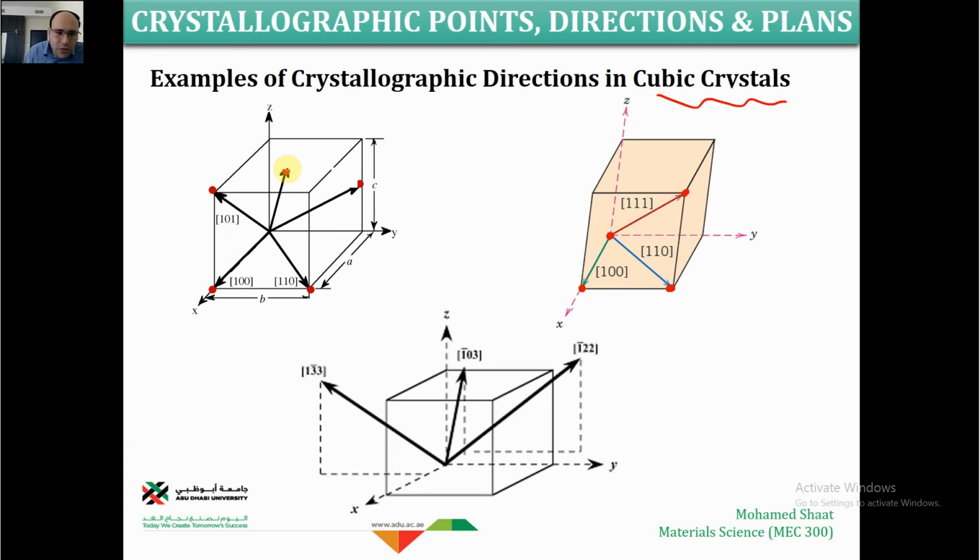How about this vector? What are the indices of this vector? This vector connects the 0 point to the center of the top face, like in the FCC crystal structure. Assume that there is an atom here that is located at the center of this top surface or face. So what should this vector be? If I ask you to start from here and move till this end point, how long are you going to move parallel to X, parallel to Y, parallel to Z?